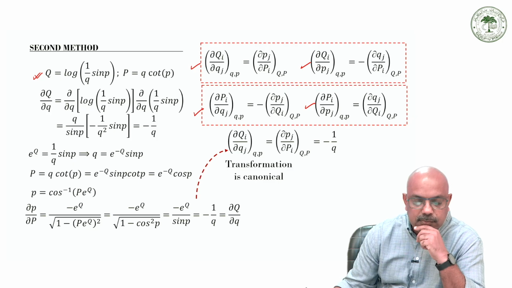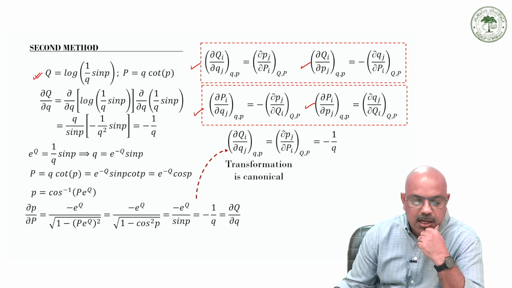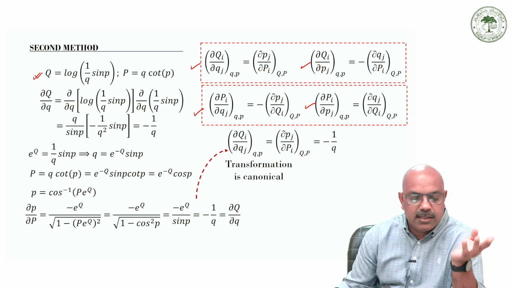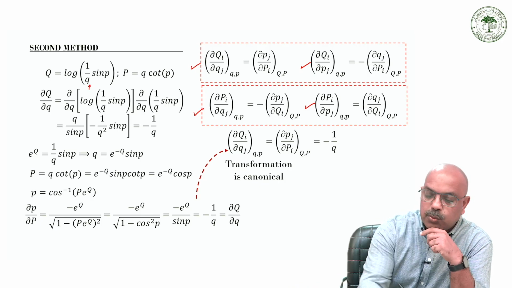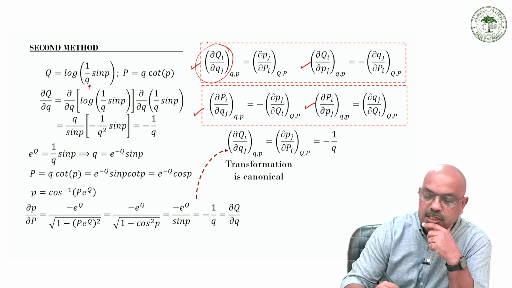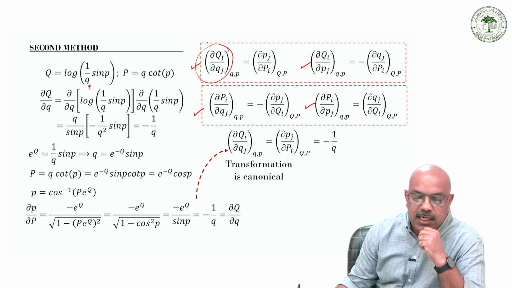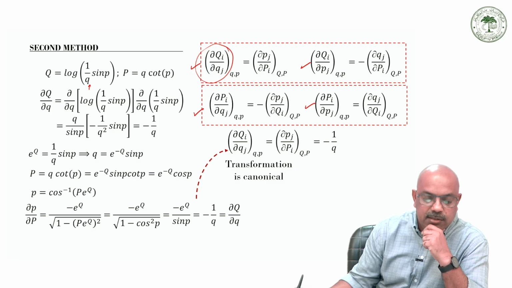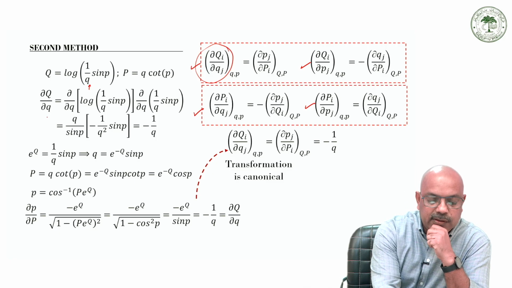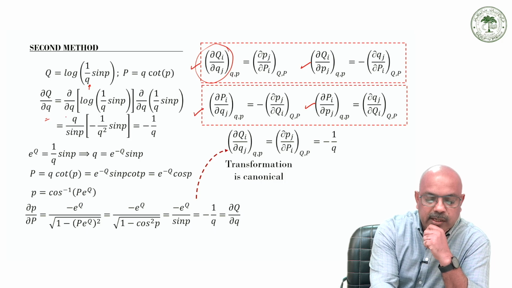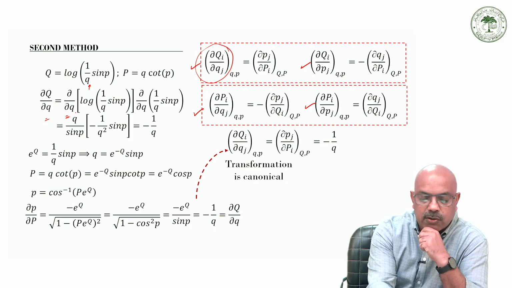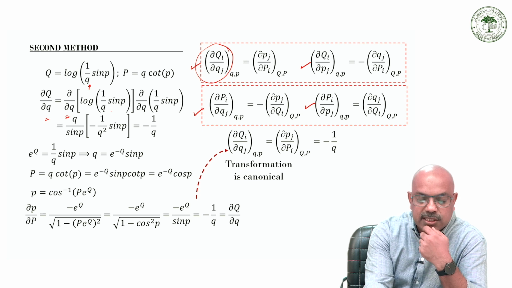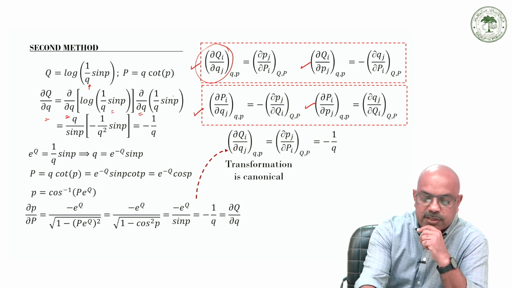Okay, so in our case, the first thing is very simple: this Q is given in terms of the small q. So you can look at this first differential, and you can calculate it, because you have already calculated with respect to q. So we're differentiating with respect to q, that is del q of log 1 by q sine p, and then del q of sine p by q.